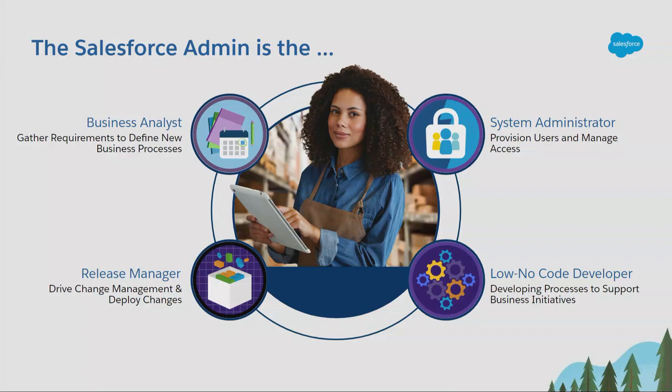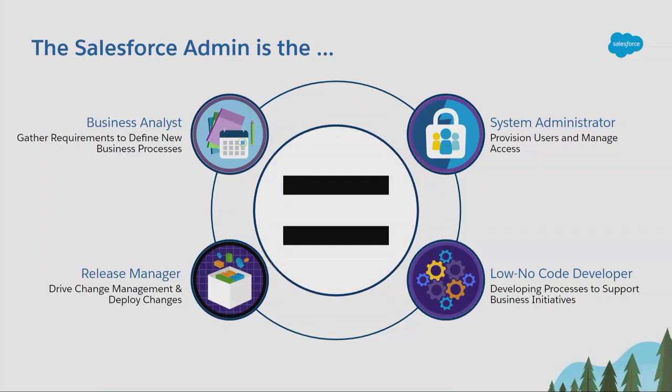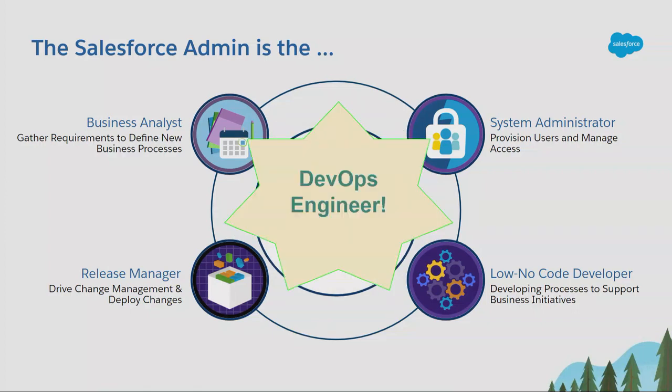So thinking about this, right, these are the 4 things that to me are what I've focused on throughout my journey as an admin. And it turns out that just like I fell into being an admin, when you put all these things together, you're actually positioning yourself to become a DevOps engineer.